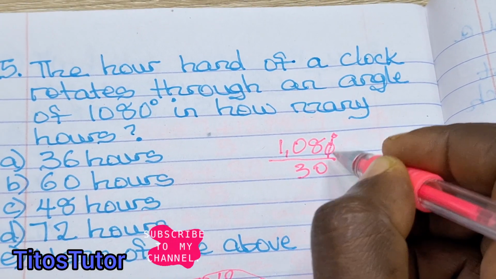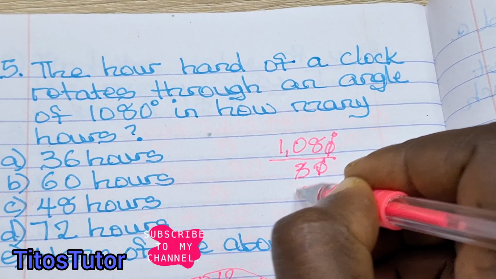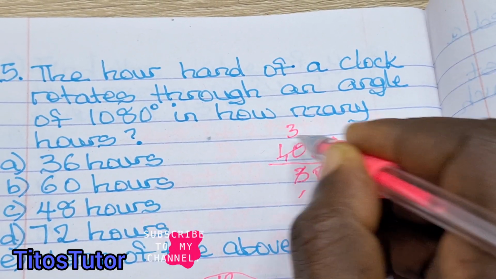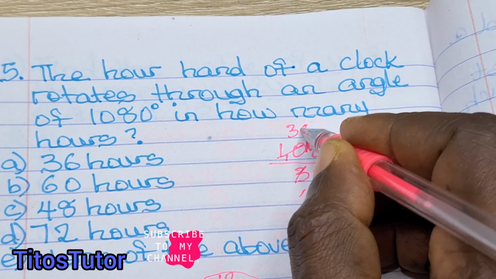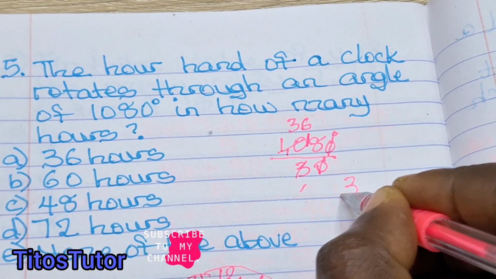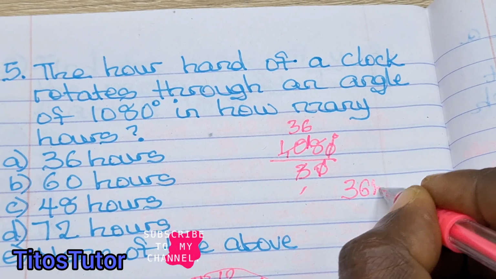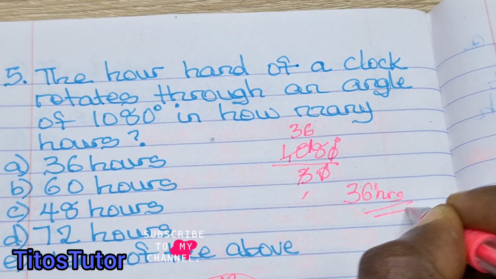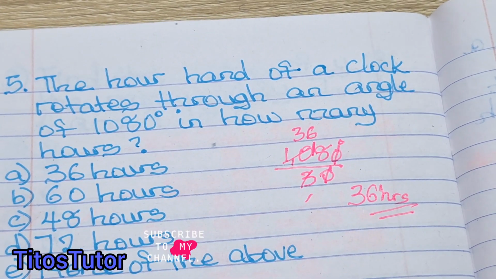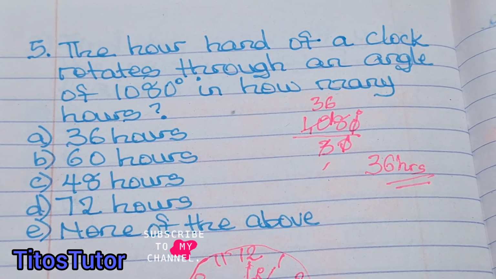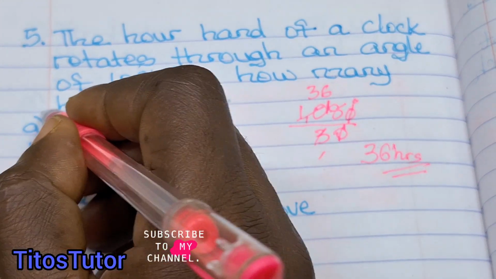Okay, so this 0 cancels this 0. 3 here, 1. 3 here 3 times, remainder 1. 3 in 18 is 6. So it is 36. As easy as that. So I come to my options and find which one is 36, and it's A.